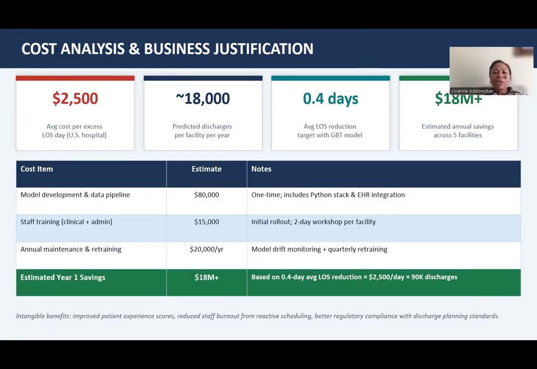Implementation costs are under 120,000 in year 1, giving a return on investment ratio exceeding 100 to 1.